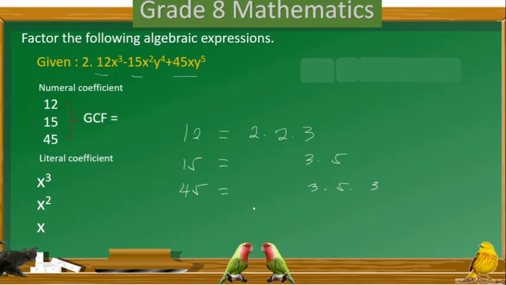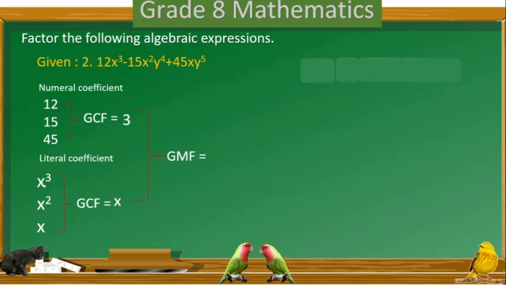Okay, so after that, we're going to find the common factor. Here, the common is only 3. We need to say that our GCF for the numerical coefficients of the given expression is 3. Then for the literal coefficient, it is x.